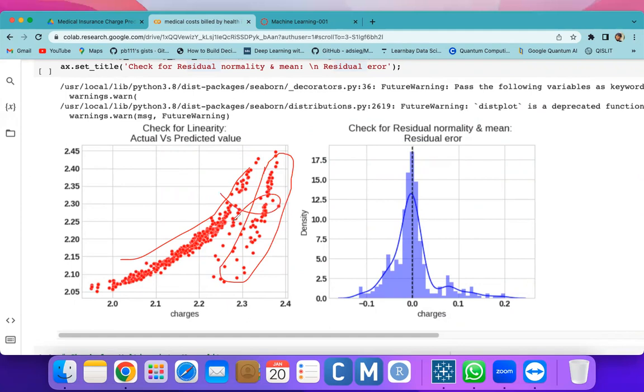Your actual and predicted values are not following normality. Moreover, there could be some skew on the right side, and normality in the residual is also not met.